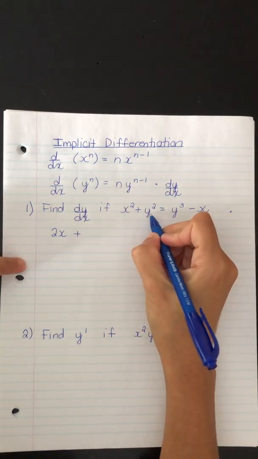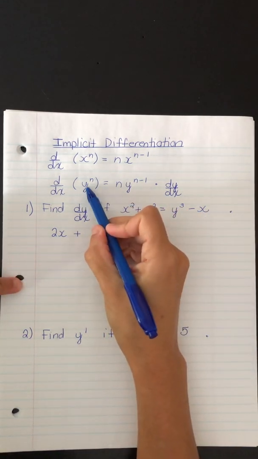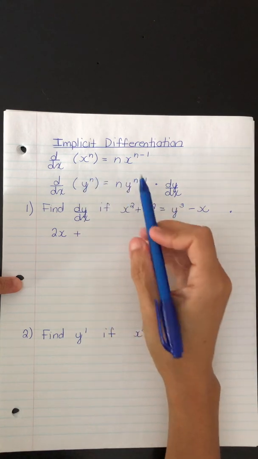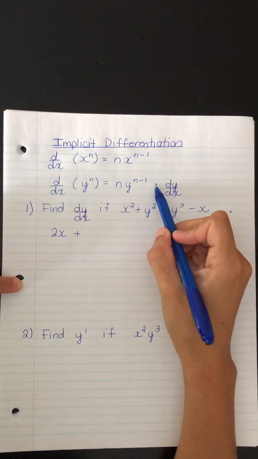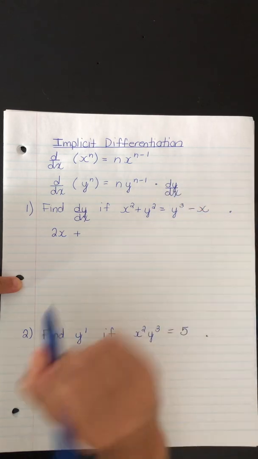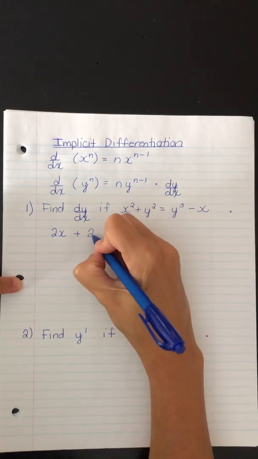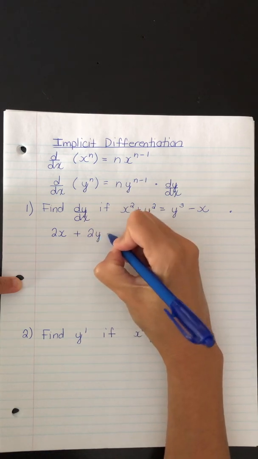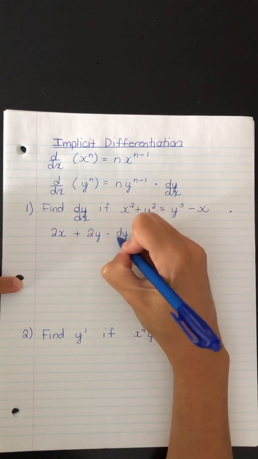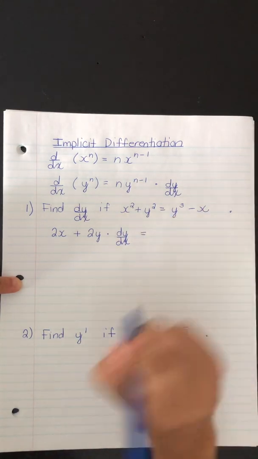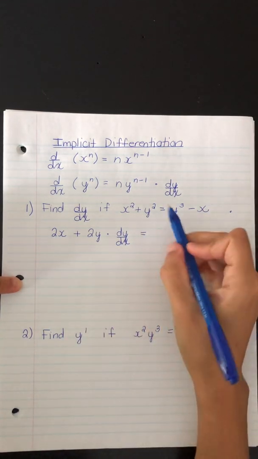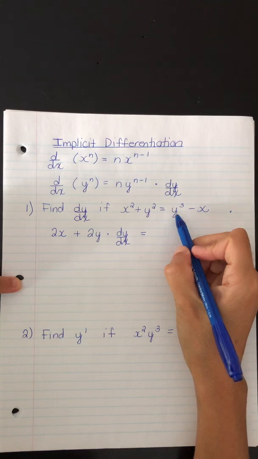Now, what is the derivative of y squared? Y squared would have a derivative equal to 2y to the 1 times dy by dx. So we get 2y multiplied by dy by dx. Okay, equal sign is next. Now we take the derivative of y cubed.